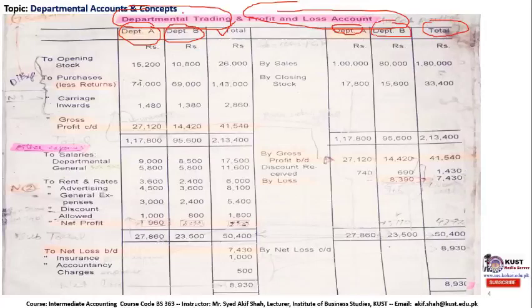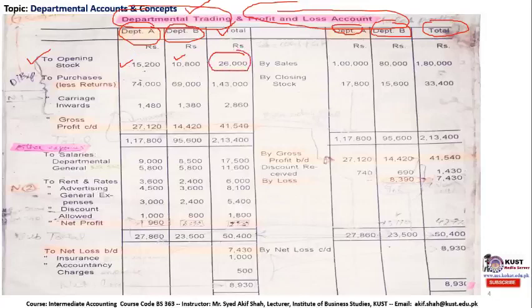So first of all, we have to make the trading account so that we reach our desired portion. On the left hand side, you have to start with total opening stock. Opening stock for Department A was 15,200 and for Department B it was 10,800, and the total for opening stock is 26,000 rupees.